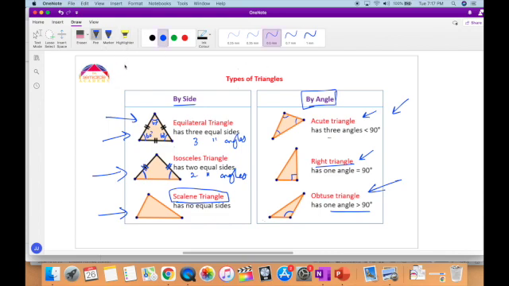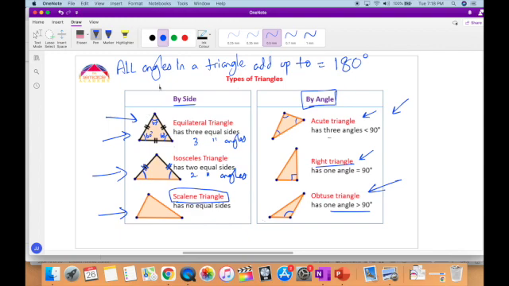No matter the triangle, all angles in a triangle add up to what? 180 degrees. Every single Form 3 is supposed to know this. No matter the triangle.